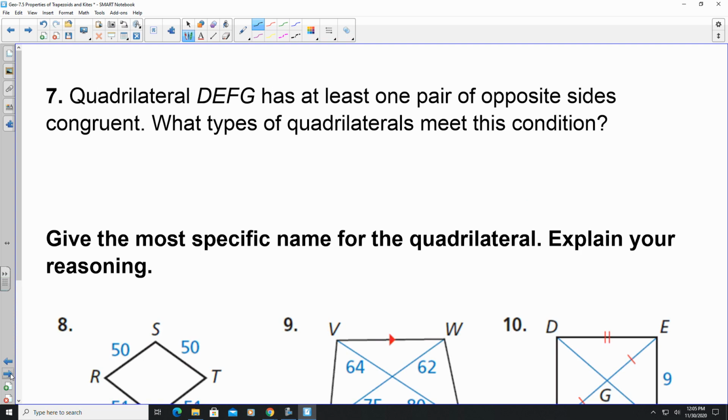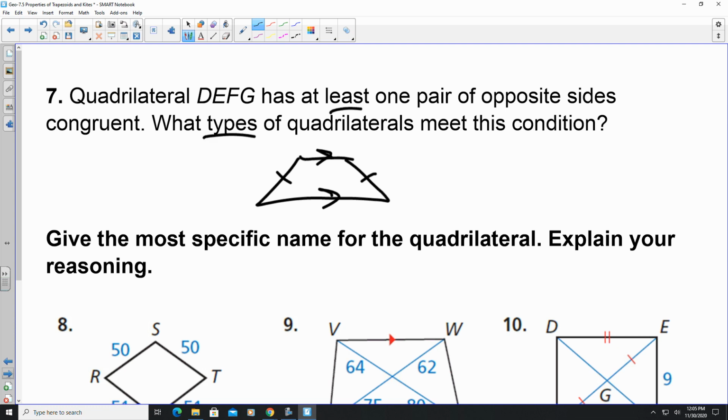It says quadrilateral DEFG has at least one pair of opposite sides that are congruent. What type of quadrilateral meets this condition? So it has at least one pair of opposite sides, not two. So that tells us that it's probably a trapezoid, and more specifically, an isosceles trapezoid. Or what types?